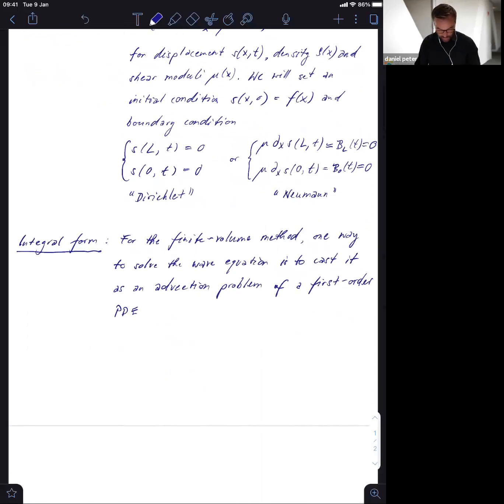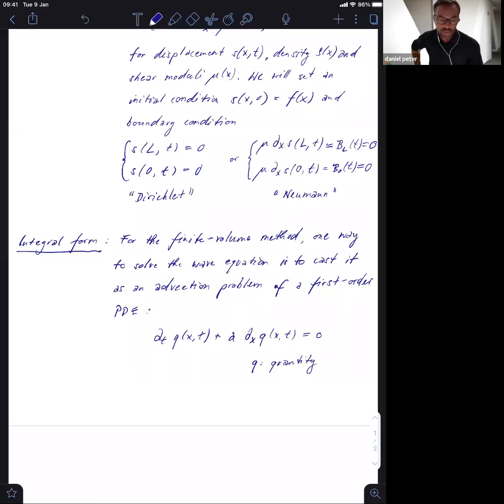So how would that look? Advection can be written such that we have the time derivative of a quantity, let's call it Q(x,t), plus a times the derivative of that quantity equal to 0. That would be an advection equation, where Q would be the quantity that we are interested in.